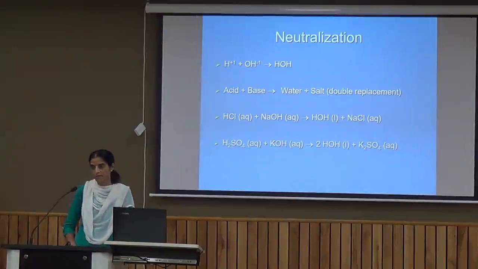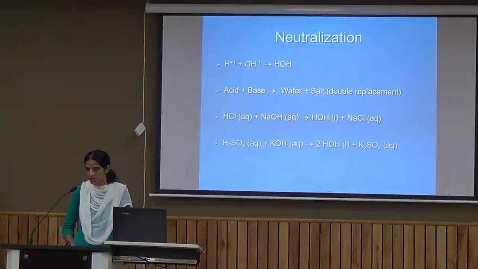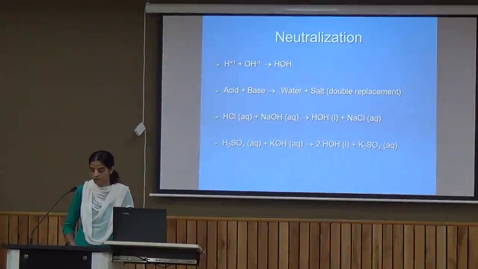Let us take the example which is shown here of hydrochloric acid reacting with sodium hydroxide. In hydrochloric acid, the cation is hydrogen and the anion is chloride. Similarly, in sodium hydroxide, the cation is sodium and the anion is hydroxide. So when they exchange their cations and anions, the substance formed will be sodium chloride.